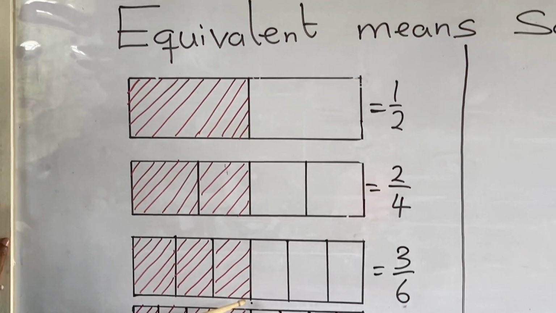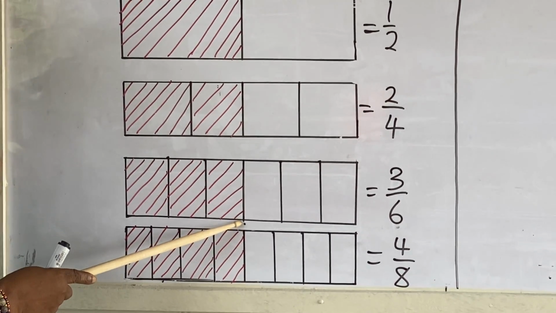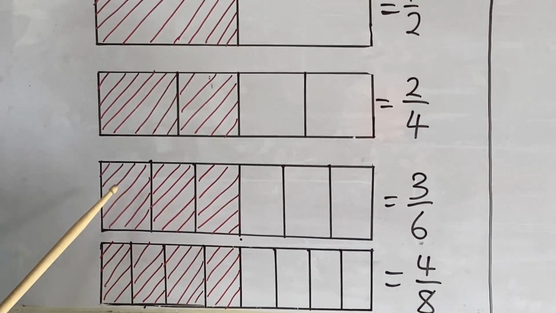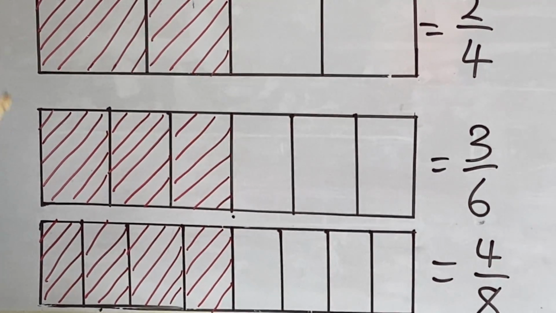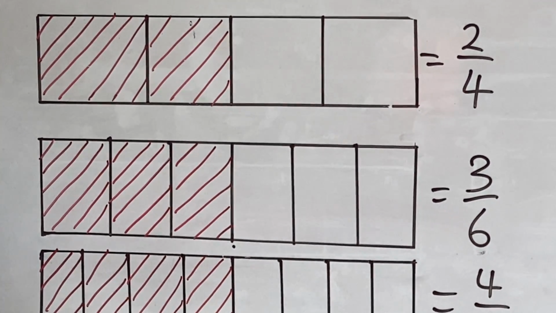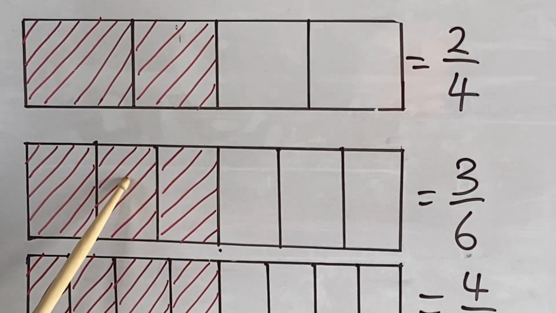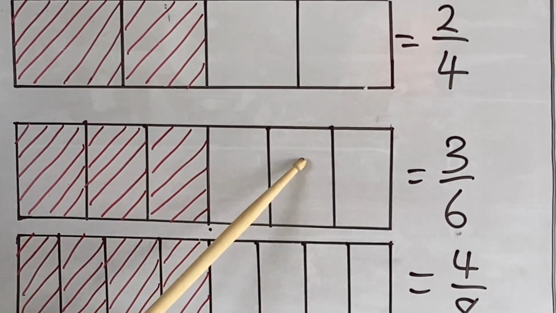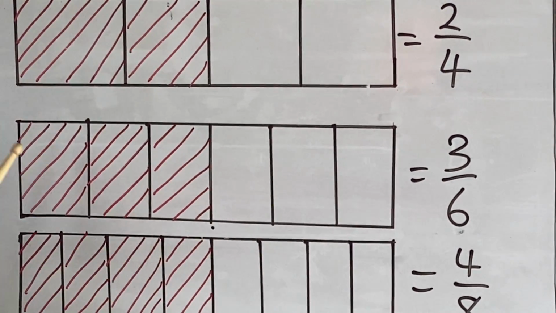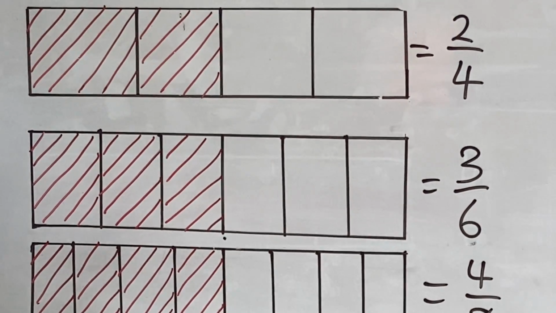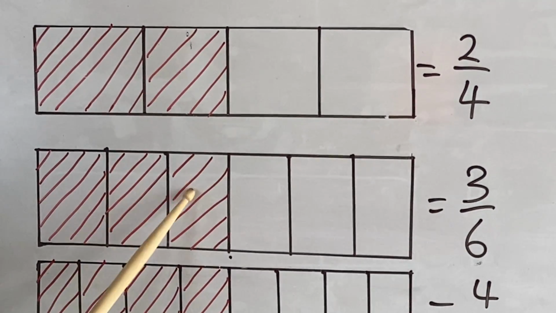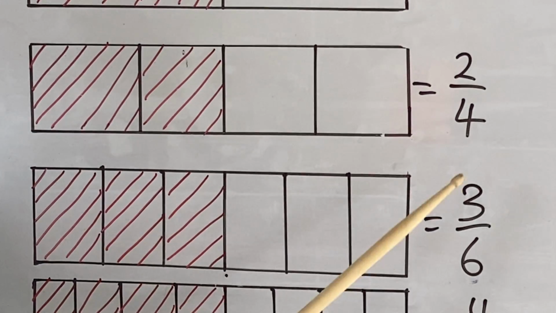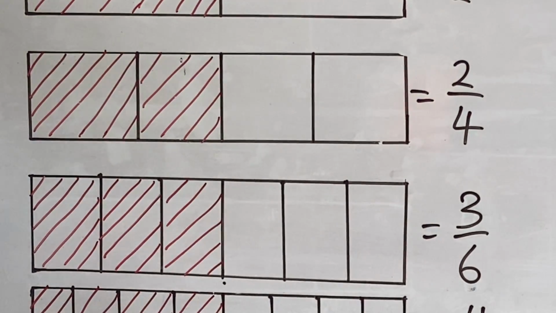Let's look at the third rectangle. This has also been partitioned into 6 equal parts. 1, 2, 3, 4, 5, 6. 3 parts has been shaded. 1, 2, 3, meaning we have 3 out of 6 parts shaded.